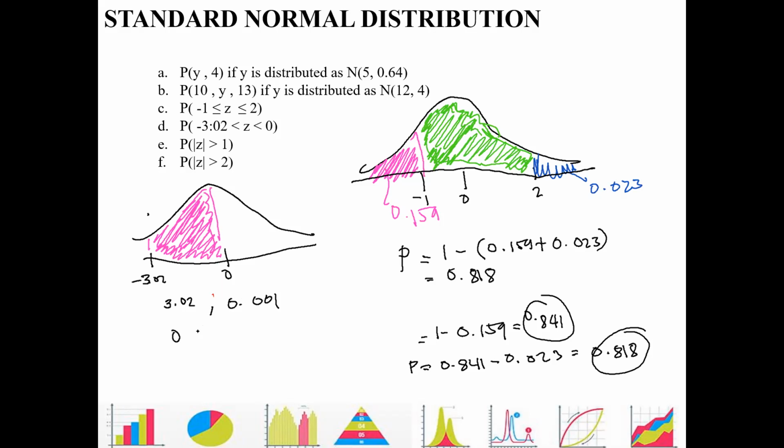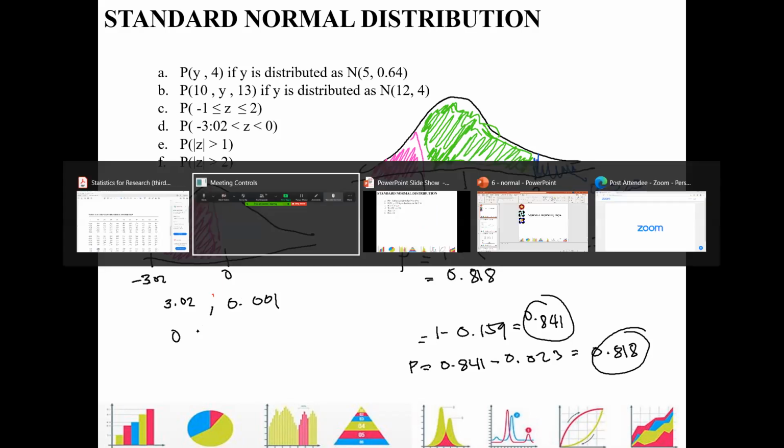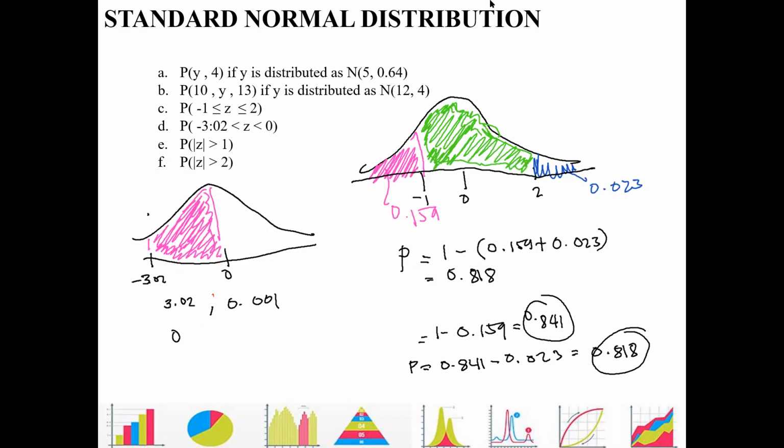Not sure, pero 0.5 alam ko. So, yung 0 natin is, ang area naman na covered niya is 0.5. So, kalahati kasi nasa 0 nga siya. So, 50% ng area. So, we have 0.001 and 0.5. Analyze muna natin. Nasaan yung 0.001 and nasaan yung 0.5.